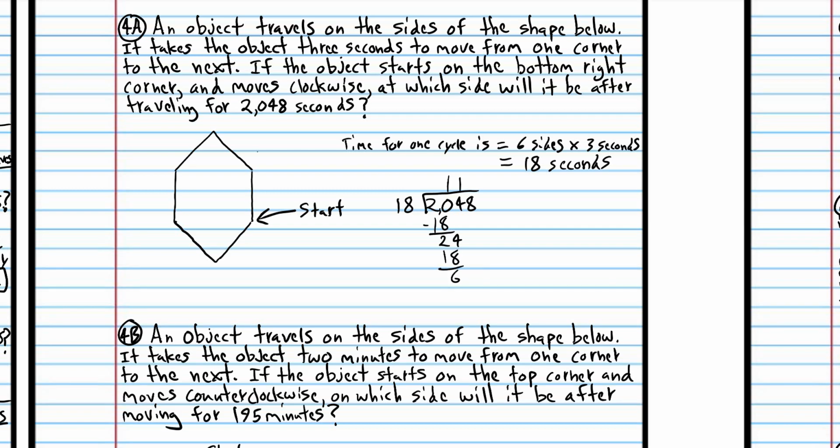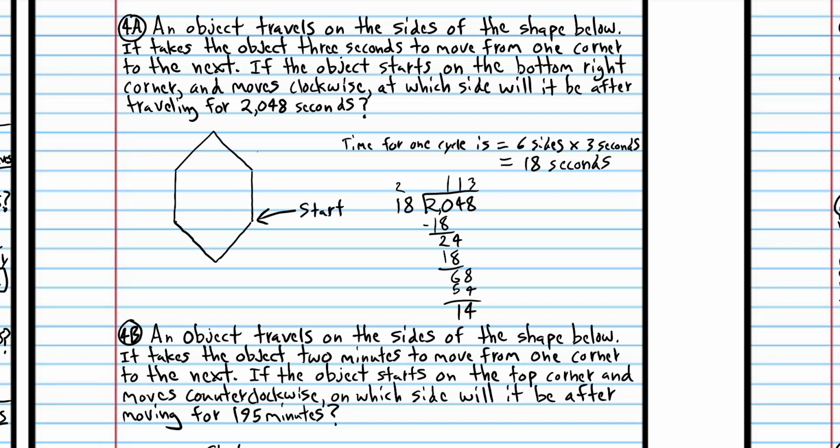Whoops, it should be 8. 18 goes into 68, I think 3 times, 24. And we're left with 14. So that 14 is the important part of this problem. Well, all parts are important in this case, but 14 is what we're looking for.